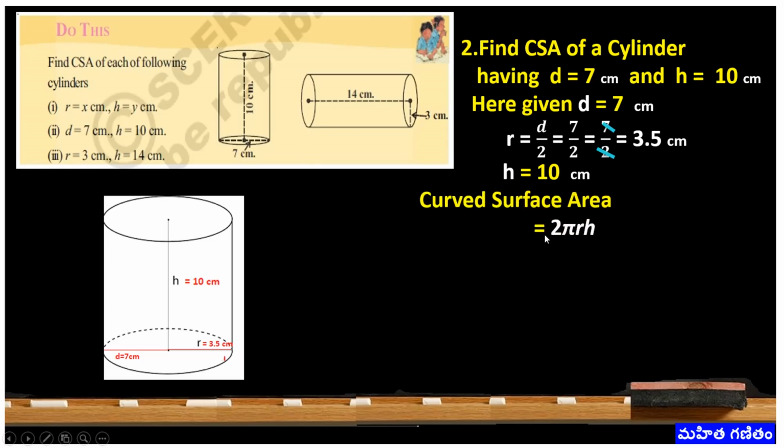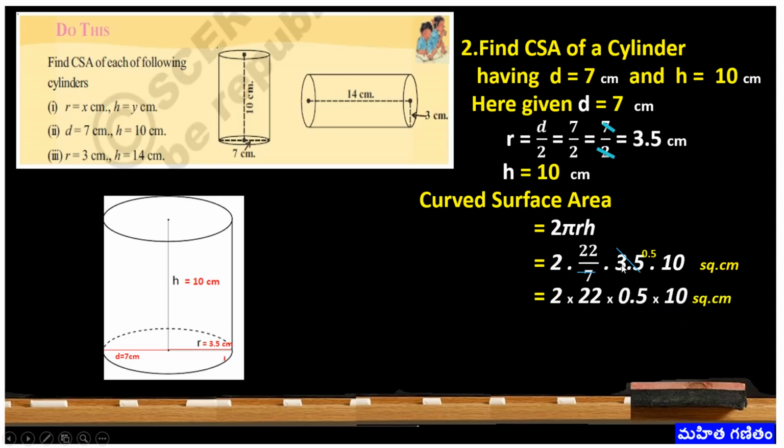Curved surface area of the cylinder is 2 pi r h, that is 2 into 22 by 7 into 3.5 into 10. After cancellation, 7 goes in 3.5 0.5 times. That becomes 2 into 22 into 0.5 into 10 square centimeters. We get the answer, 220 square centimeters.